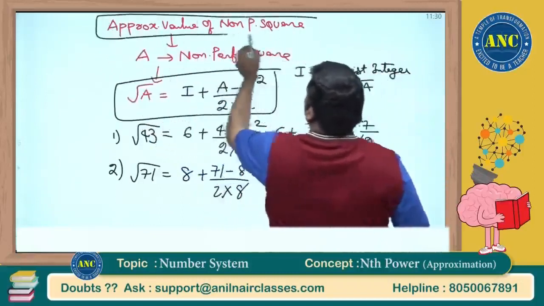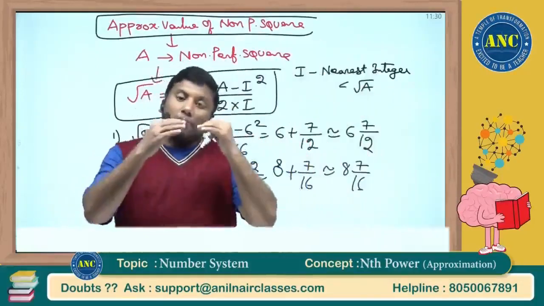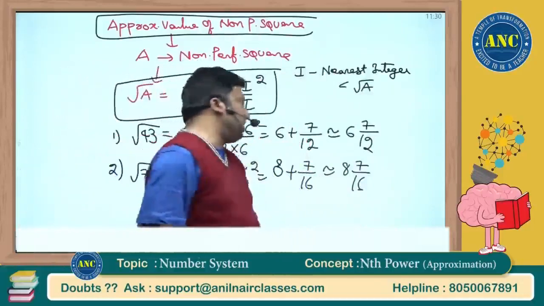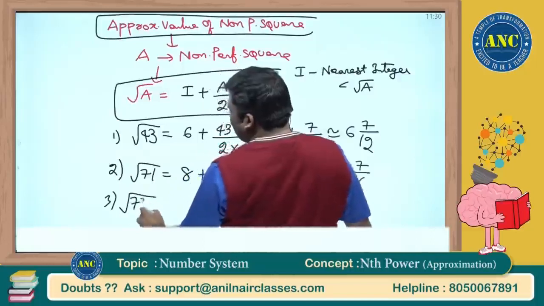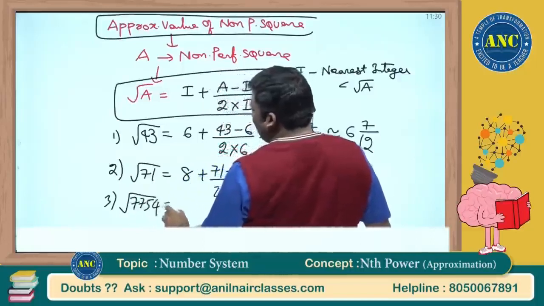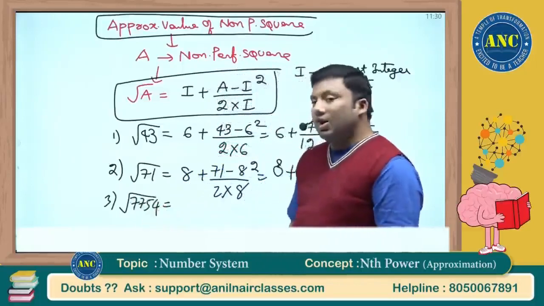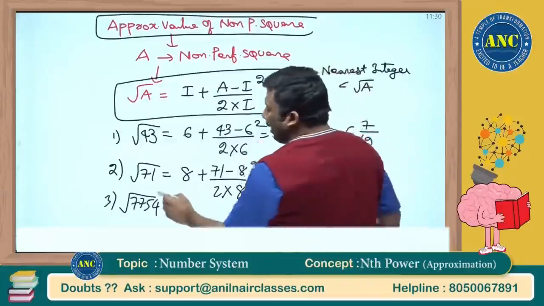How to find the approximate value of a non-perfect square? You can proceed to a 3-digit number, a 4-digit number, or a 5-digit number. Let me take, for example, 7754. It is not a perfect square because any perfect square is of the form 4k or 4k plus 1.